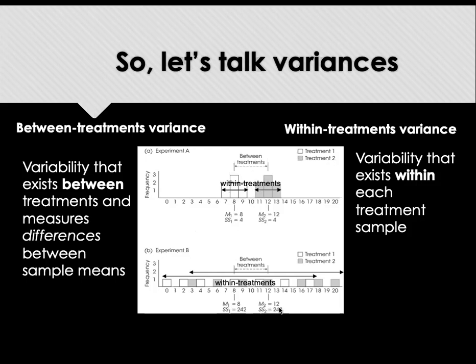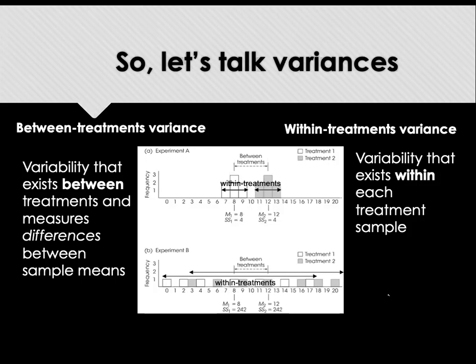Mean 1 is 8, mean 2 is 12, which is the same as up here. But there's so much within treatment variance down here that it's really hard to see. And the between treatment variance is kind of overwhelmed or obscured by the within treatment variance. Because the variance of treatment 1 is so great, and treatment 2 also, we can't really see clearly that there's between treatment variance.